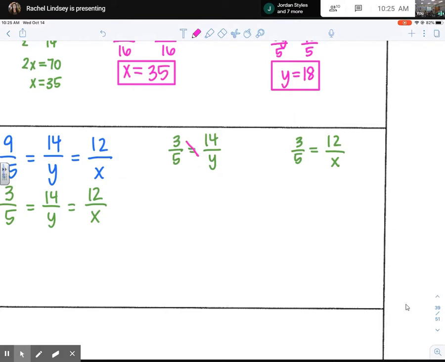And then cross multiply. So 3 times Y is 3Y. And what's 14 times 5? 70. So 3Y equals 70. Divided by 3, you are going to get a decimal. Y equals 23.3.